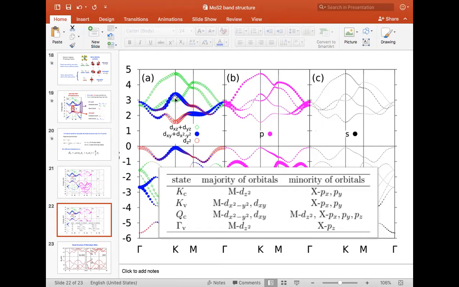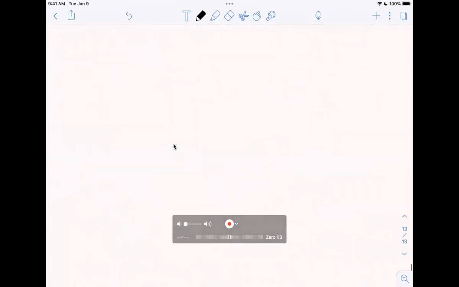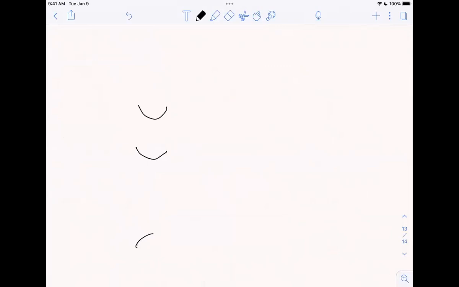But the spin-orbit coupling somehow allows the green band to participate. So I'm going to use three names, C, C prime, and V. I'm going to write it in this way. You have two bands, I call it C, C prime, and then a V.